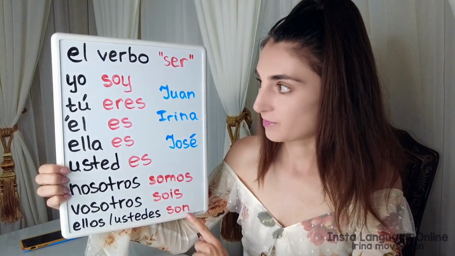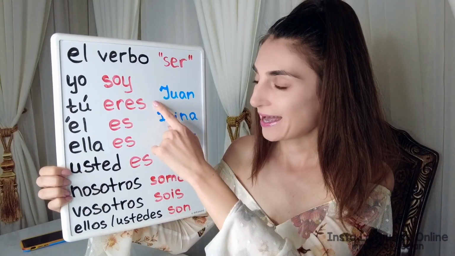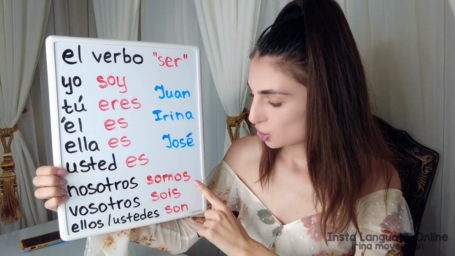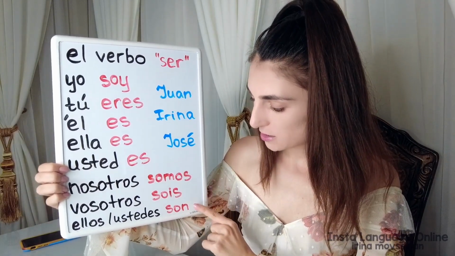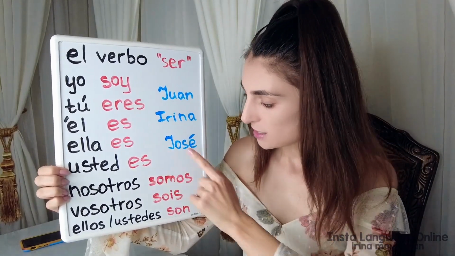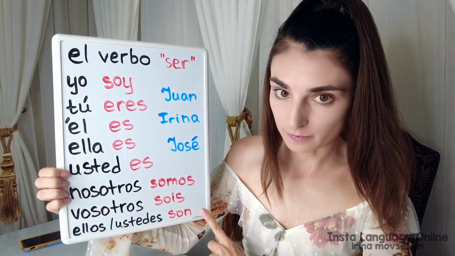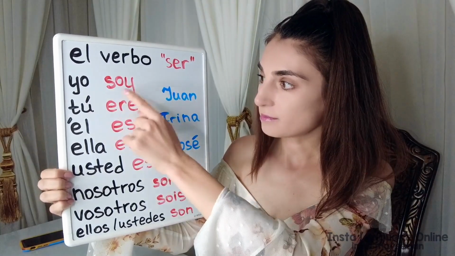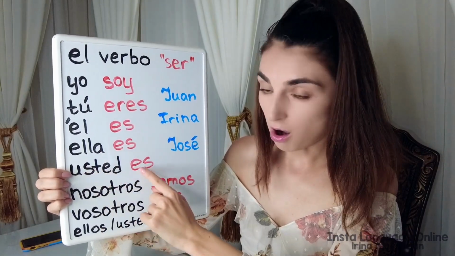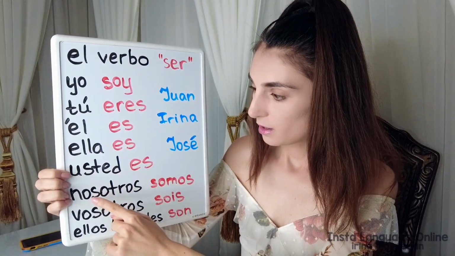Okay, one more time. Soy, eres, es, somos, sois, son. So practically, you need to remember soy, eres, es, somos, sois, son. I am, you are, he is, she is, you are, okay, singular.